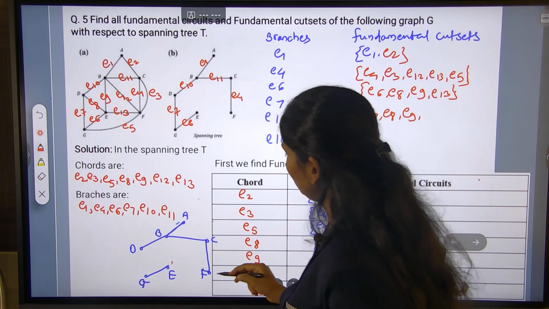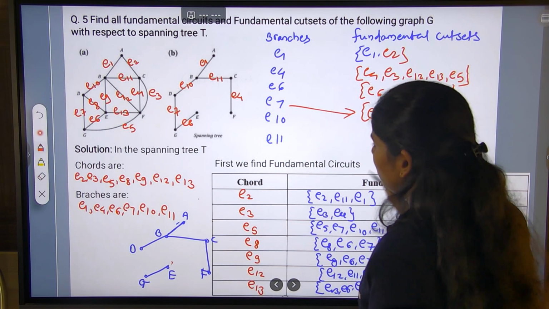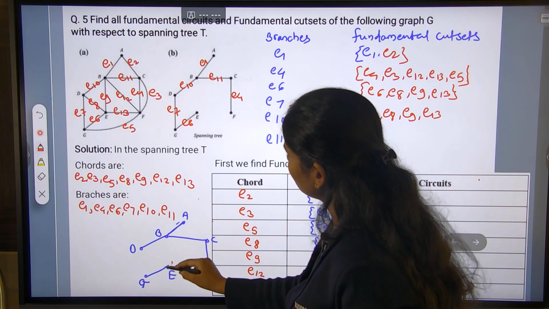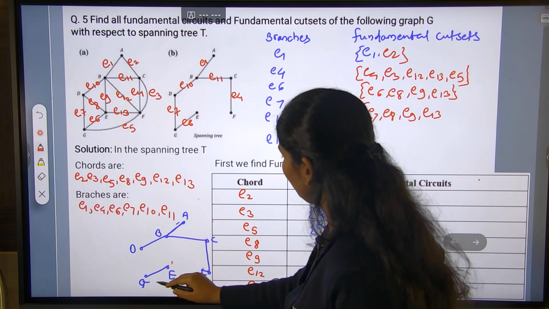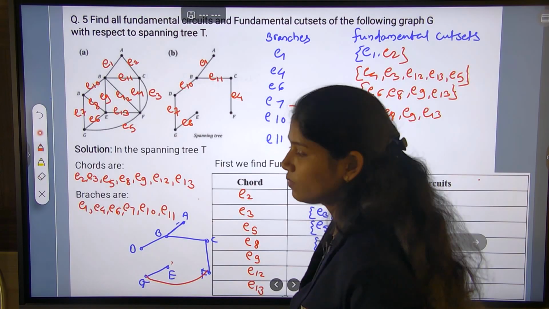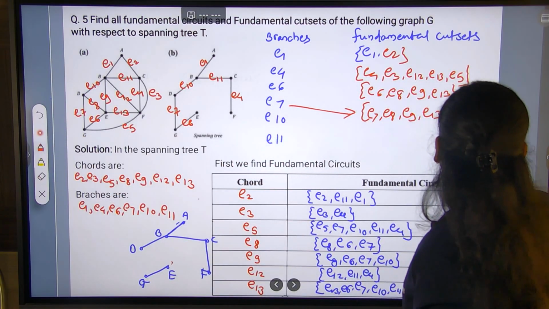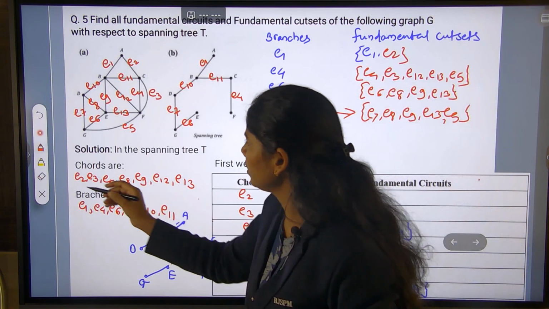Then any other? E13 is there, so write down E13. E7, E8, E9 is done, E13 is also done. If we join E5, again we get the connected one, therefore E5 is also there, so write down E5. Complete the bracket, go for the next one.